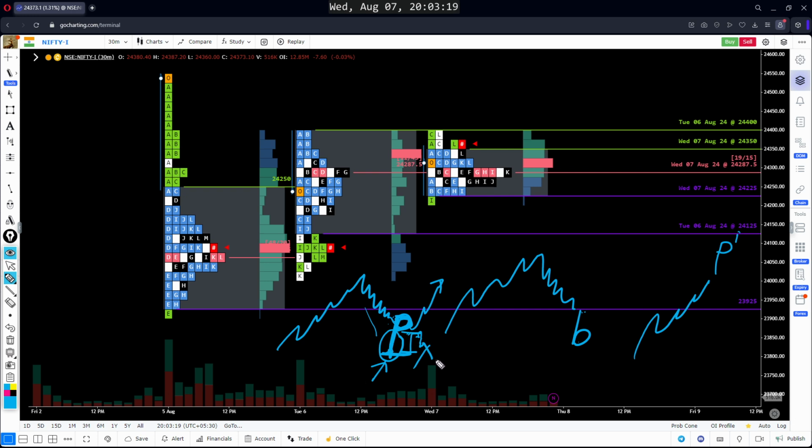So it completely changes everything, depending on where these structures form. If they form as a P structure at the bottom of a downtrend, or at the top of an uptrend, they have different meanings. Same way, if the market is going up and a B shape appears at the top, that means the market started here, gapped up too much, which was not intended, and suddenly there was a sell-off, and then the whole value was attached here.